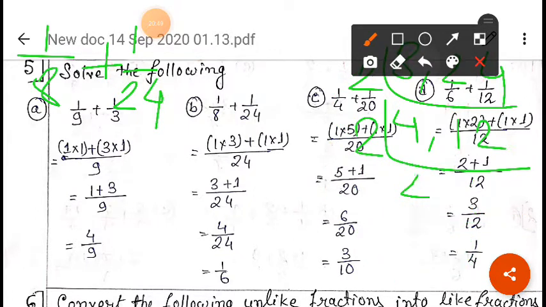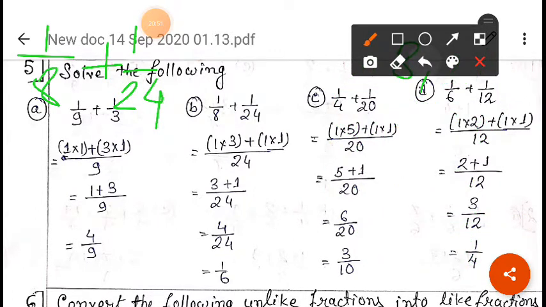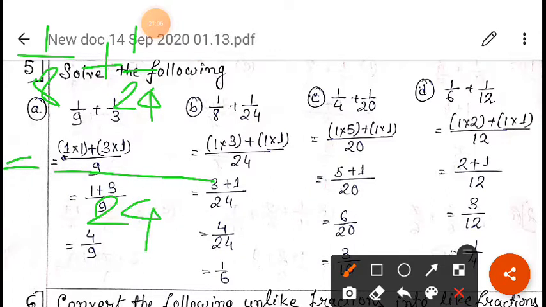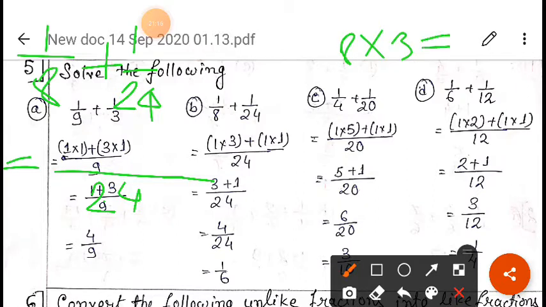So since we have got the LCM 24, we will write it here, 24. Now in the multiples of 8, how many times does 24 come? 8 into 3 is 24, right?